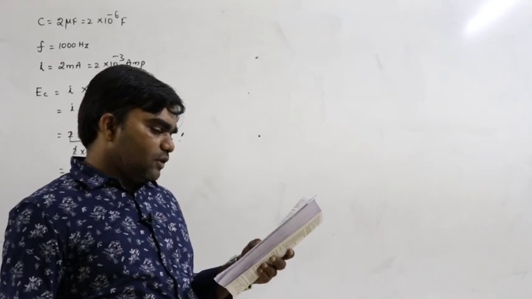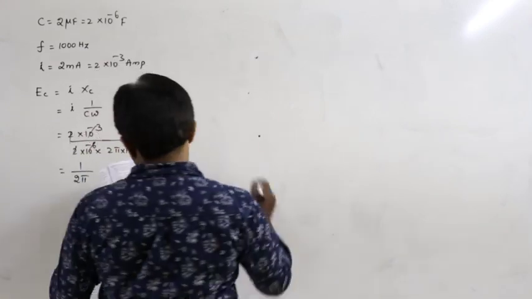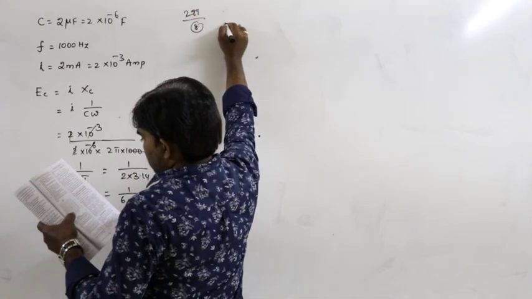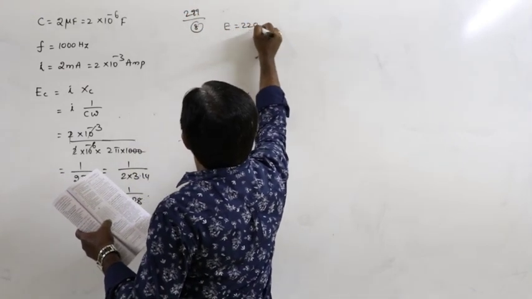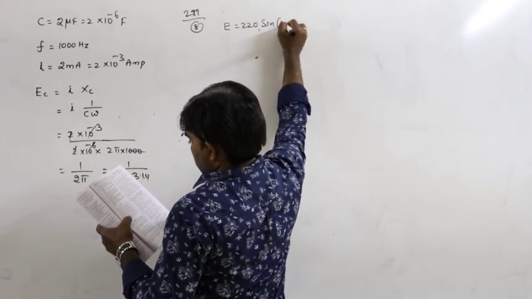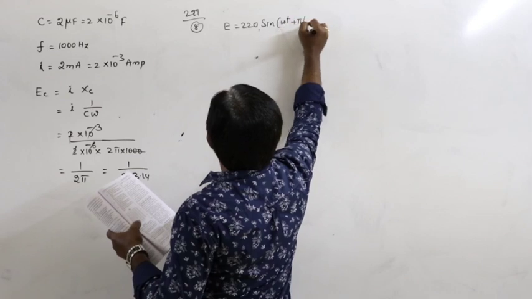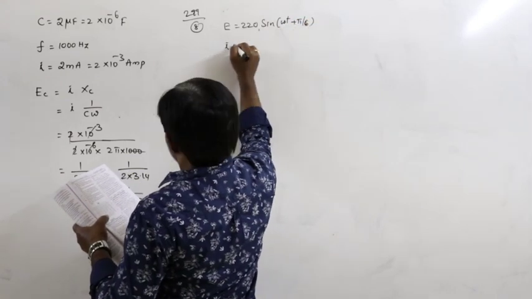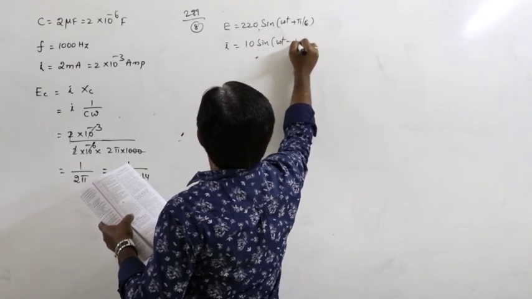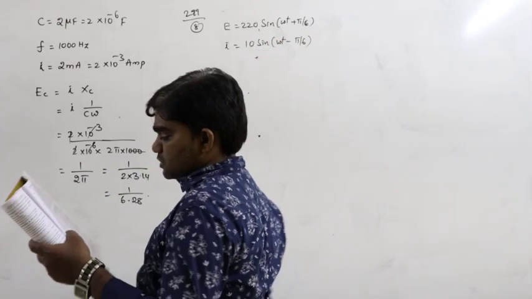The equation of the alternating voltage is, see the 8th question, page number 299. E is equal to 220 sine of omega t plus pi by 6. Next, I is equal to 10 sine of omega t minus pi by 6. These are the two equations given.